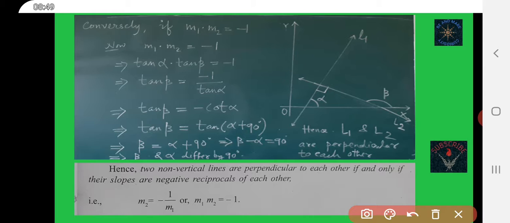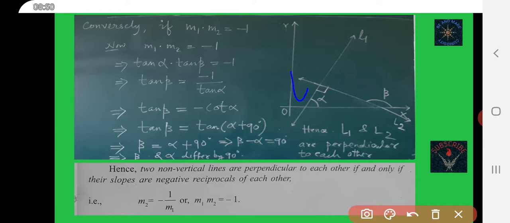Now you take tan alpha to the right side, then tan beta is equal to -1 by tan alpha. Then tan beta, you can write this as minus cot alpha.